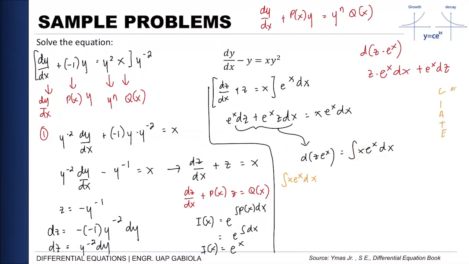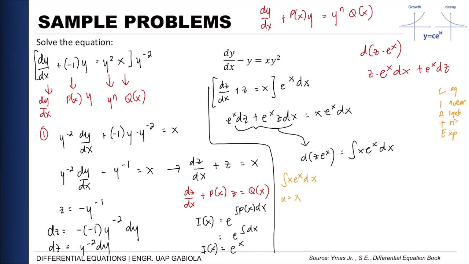So logarithmic, inverse, algebraic, trigonometric, tsaka exponential. So kung alin dyan yung mauna dito na order, yun yung pipiliin mo as u. So meron tayong algebraic tsaka exponential. So algebraic yung una.